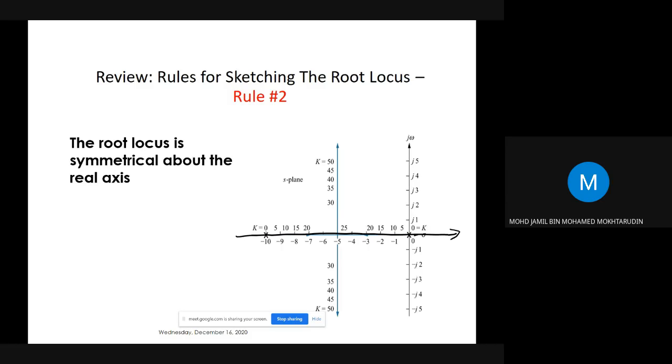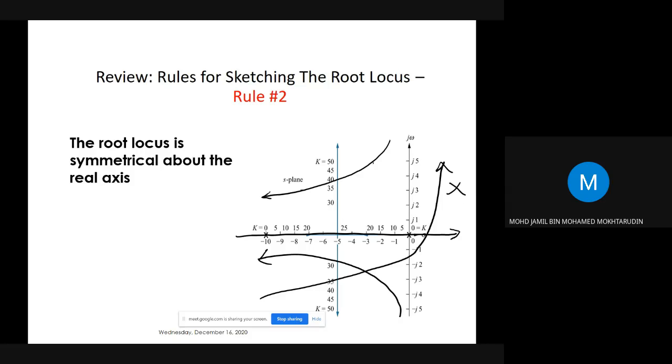So let's say if you have one branch with this kind of shape, then the other branch should have the same shape but symmetric about the real axis. Okay, so you cannot have one branch maybe going down like this and the other maybe going up like this. No, this is wrong. So you must make sure that your root locus is symmetric about the x-axis. Okay, so this is important, okay, symmetry.